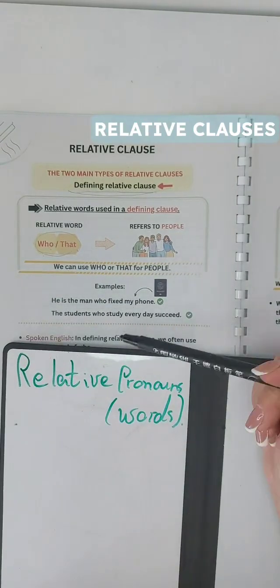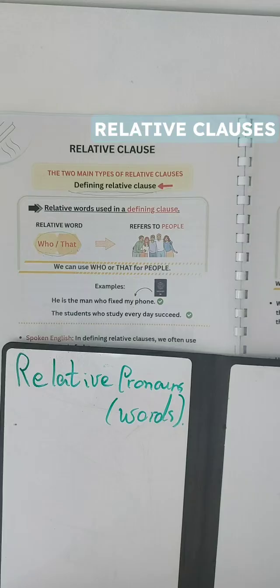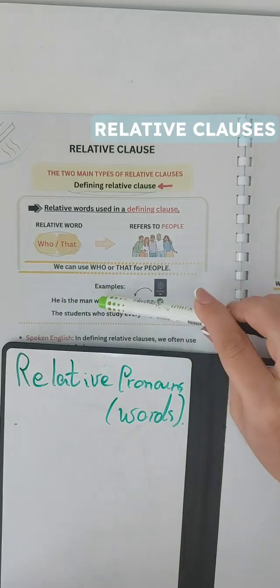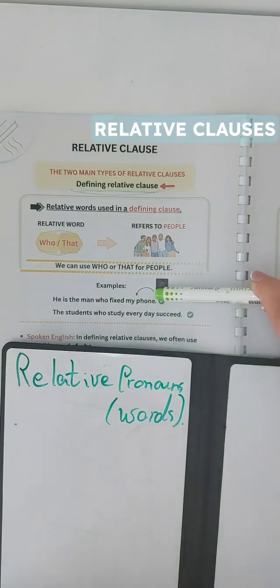For example, he's the man who fixed my phone. Now, as you can see, without the relative clause, he's the man. Does this sentence make sense? He's the man. No, right? We need essential information. He's the man who fixed my phone.